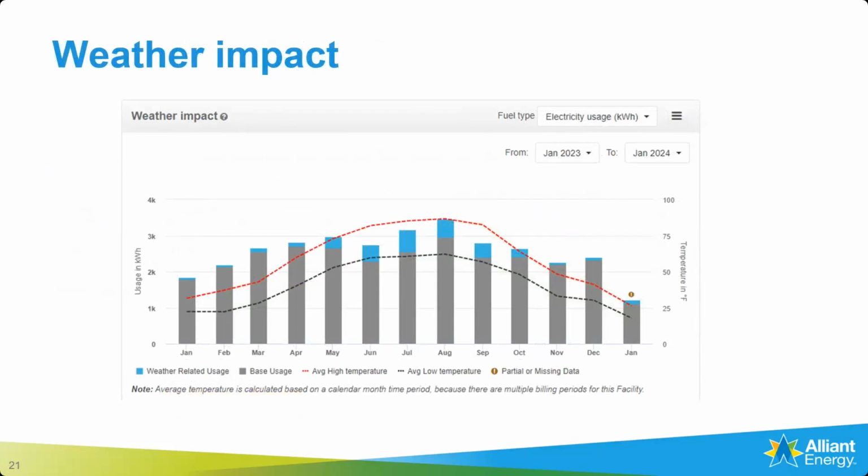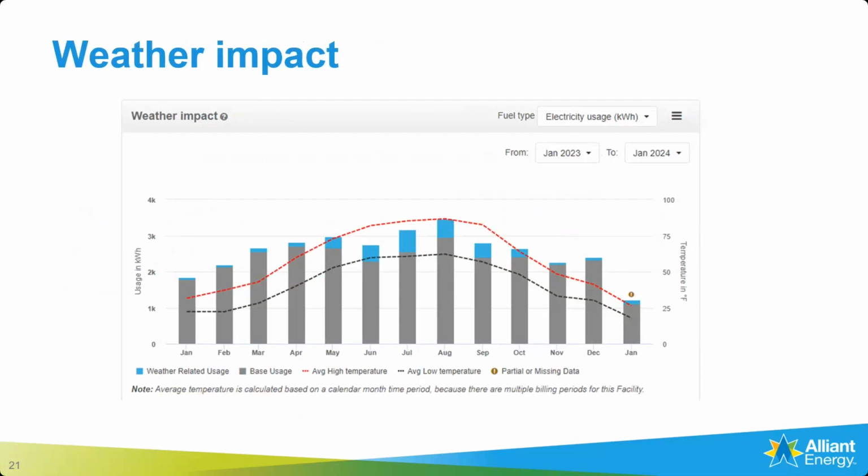The next one I'll review is the weather impact, and this is a more detailed view into how the weather impacts your usage. Whereas the red line is the average high temperature, the dark line is the average low temperature. And then this gives a suggestion on a monthly basis as to your weather-related usage.